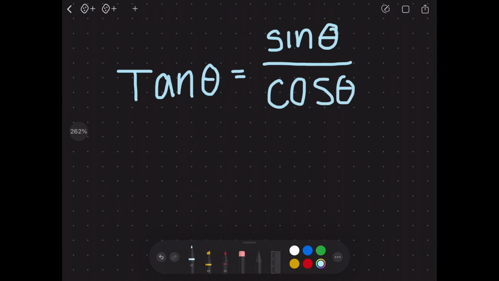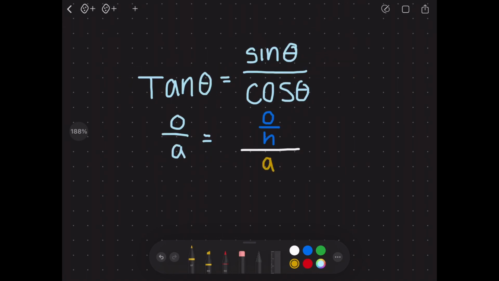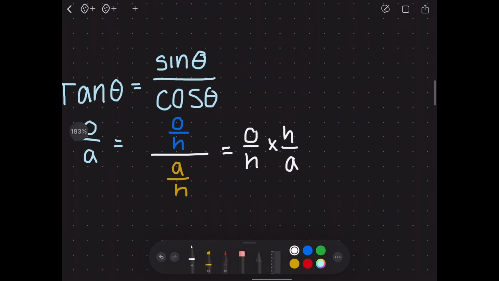You might be wondering, why does this work? Well, here it is. Tangent is opposite over adjacent, sine is opposite over hypotenuse, and cosine is adjacent over hypotenuse. Opposite over hypotenuse divided by adjacent over hypotenuse is the exact same thing as saying opposite over hypotenuse times hypotenuse over adjacent.